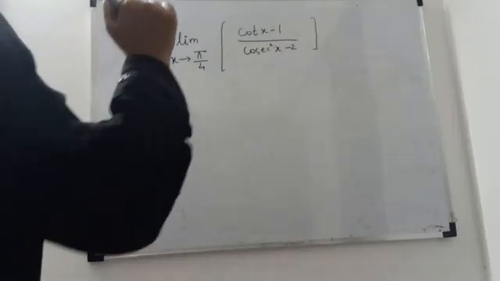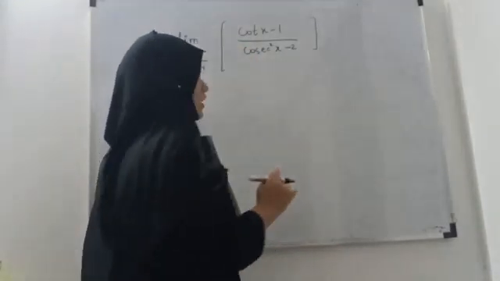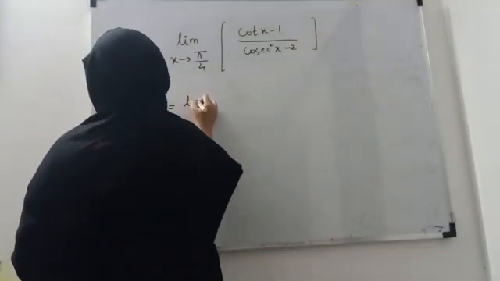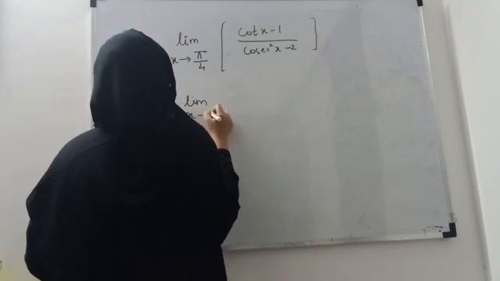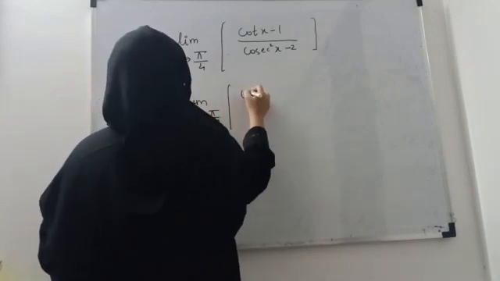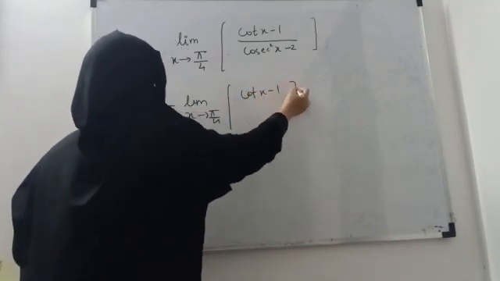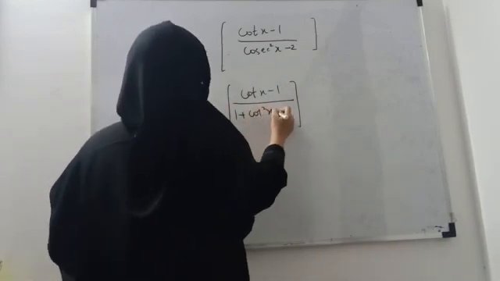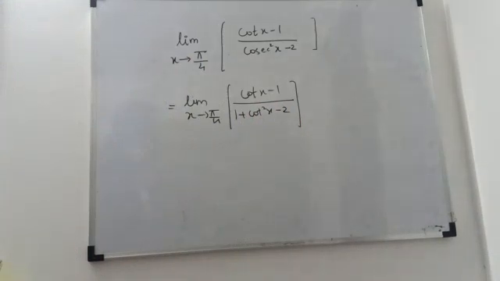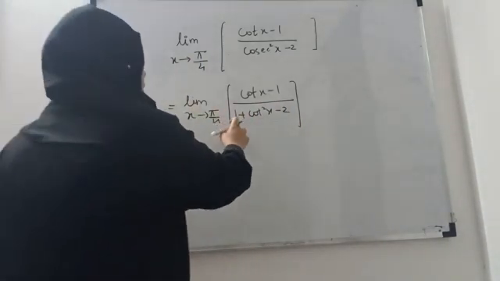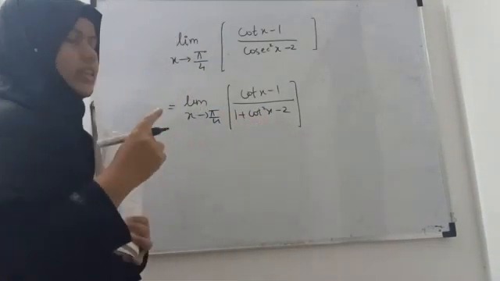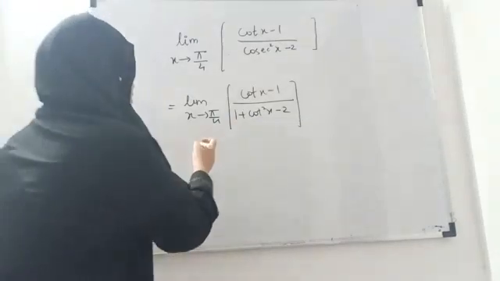So we will apply the formula of cosec square x, which is equal to 1 plus cot square x. Okay. So 1 plus cot square x minus 2. Now here the 1 minus 2, it will be minus 1. So cot square x minus 1 will be of the form a square minus b square, right?